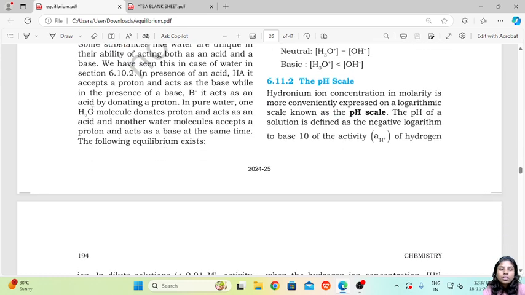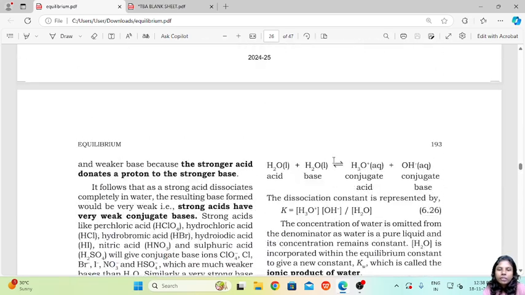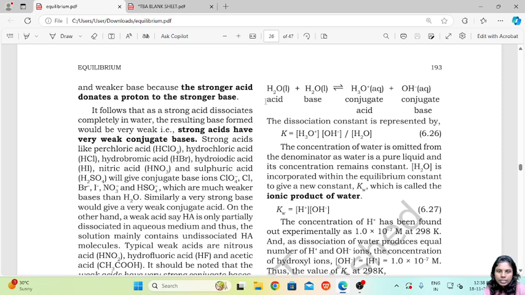In pure water, one H2O molecule donates a proton and acts as an acid. So if it gives away its proton, it acts as an acid, and another water molecule accepts the proton and acts as a base. Now the following equilibrium will exist. We have water as acid and base.